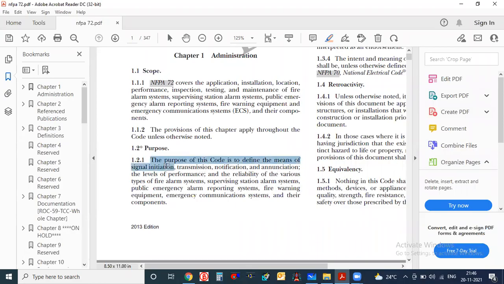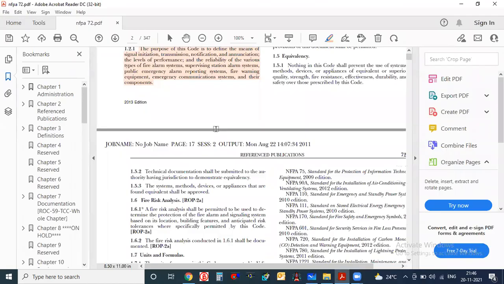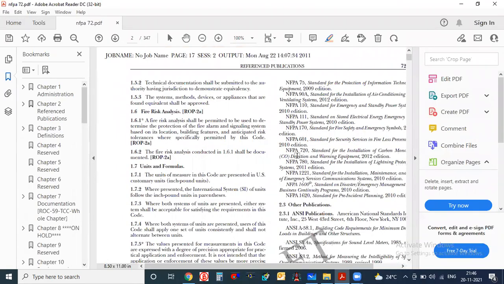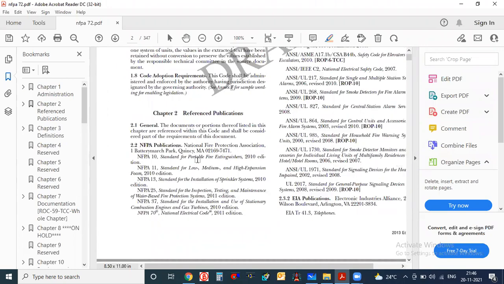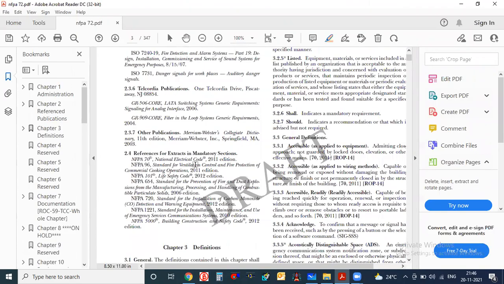This is basically electrical terms actually. And here they have written certain purpose about the NFPA, about the fire alarm system, and some standards, unit conversions, definitions. So those things will come.